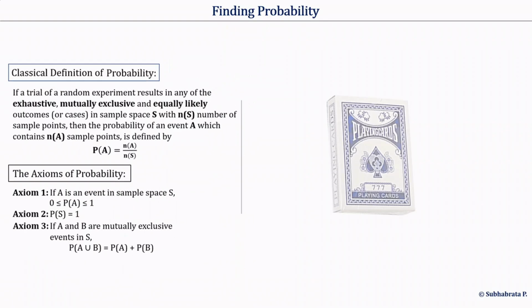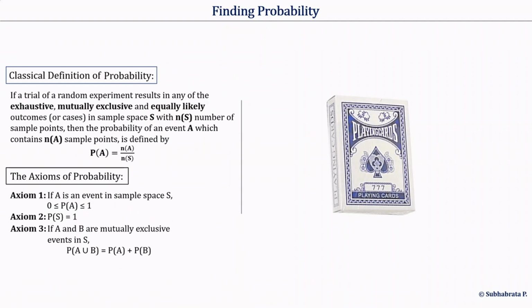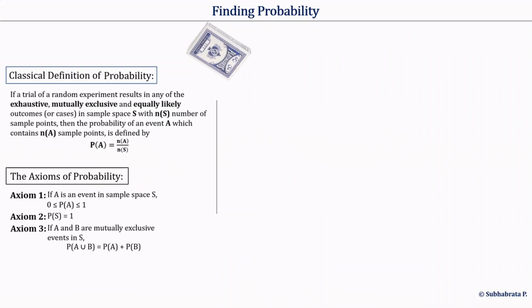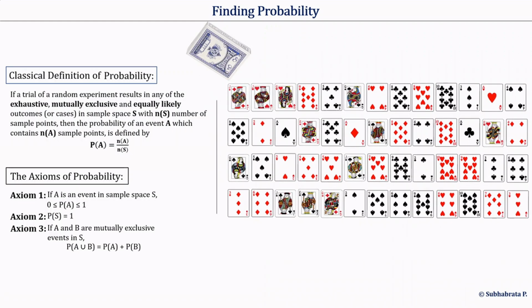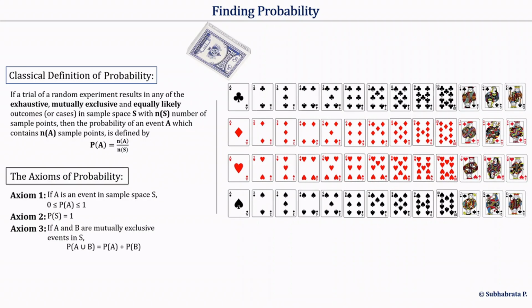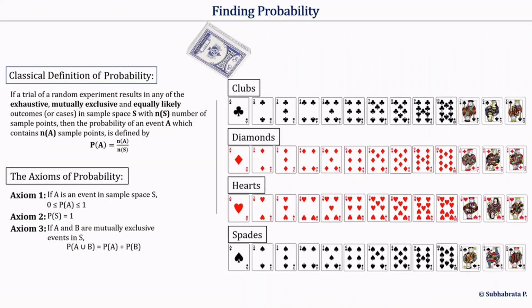Here is a standard pack of playing cards holding a deck of 52 cards inside. The cards are well shuffled inside this pack. If we take the cards out of it, we can see these 52 shuffled cards. If we arrange these cards properly, we can notice there are 4 suits of cards actually.